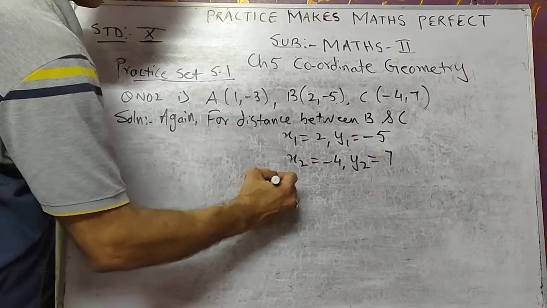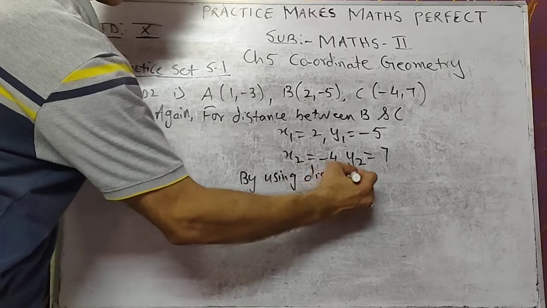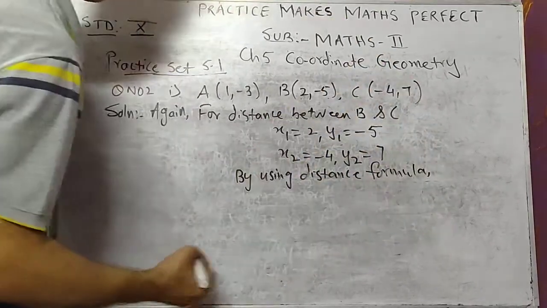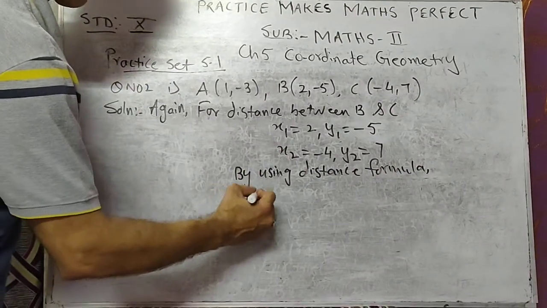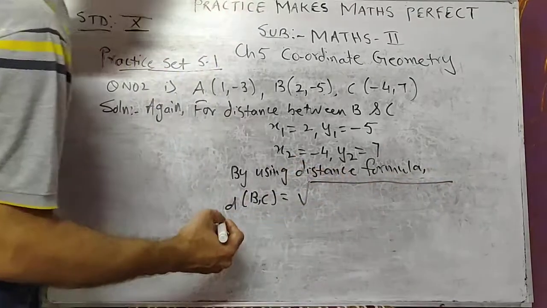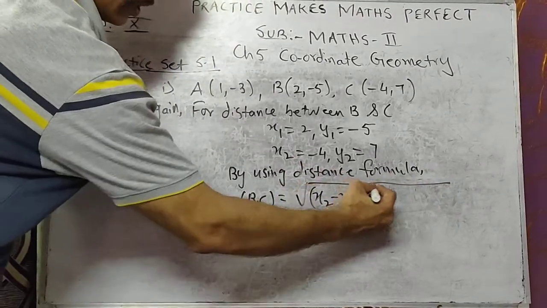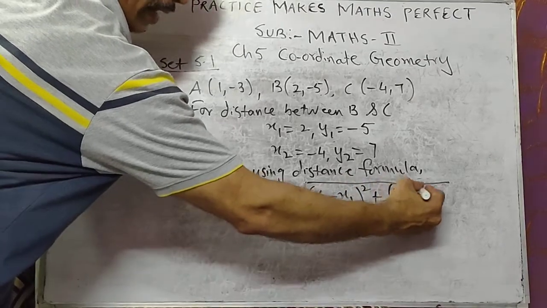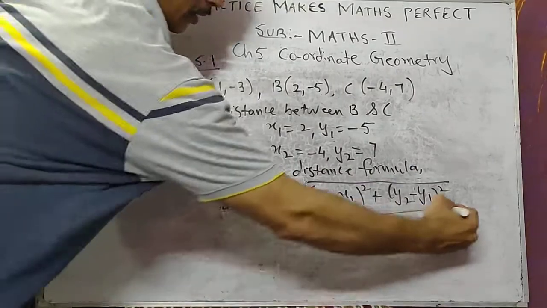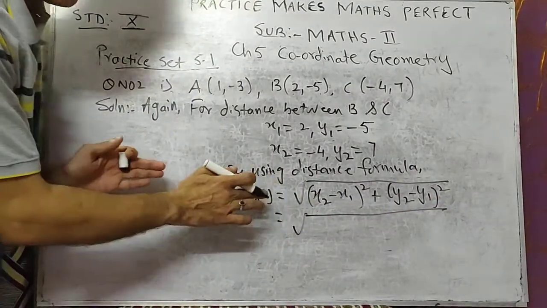By using the distance formula, distance B comma C is equal to square root of x2 minus x1 the whole square plus y2 minus y1 the whole square. There is no need to write the formula again and again.